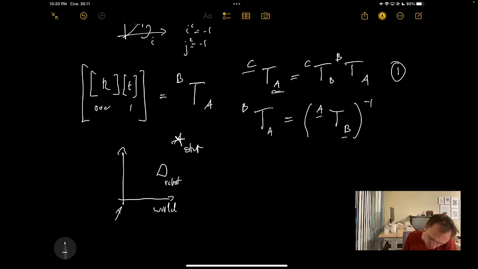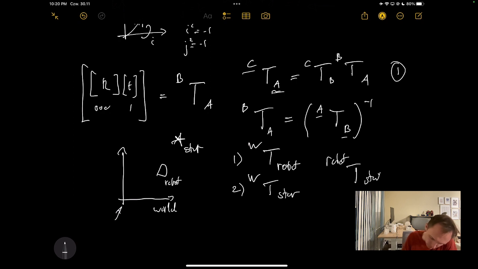We know the position of the robot in the world frame, and we know as well the position of the star in the world frame, so we can compute the position of the star in the robot frame.